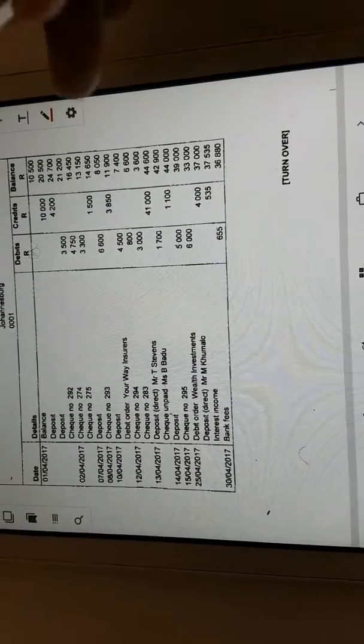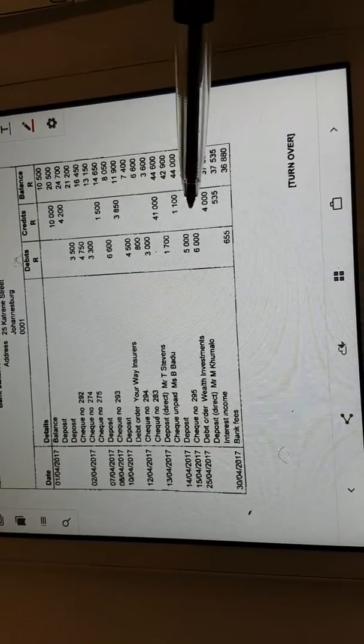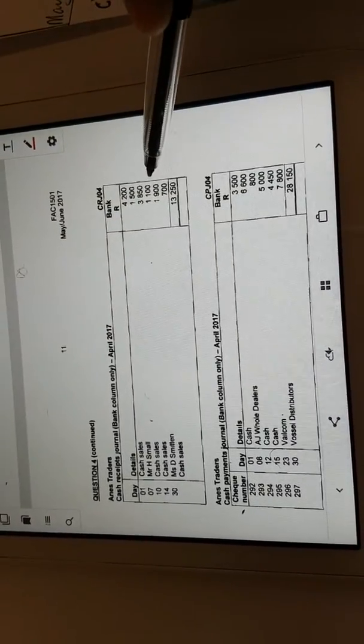They are in both columns. 3,850 and 1,100 are also here. But 1,900 and 700 are not in the bank statement, so these are the outstanding deposits.